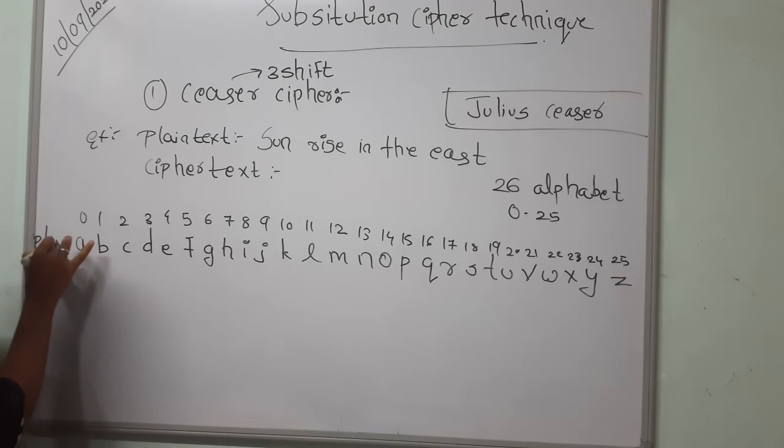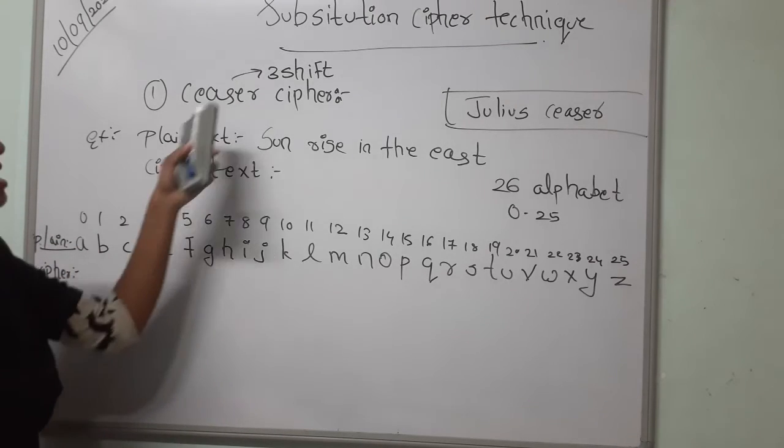This is the plain text. Now how do we convert this plain text into cipher text? By the Caesar cipher.